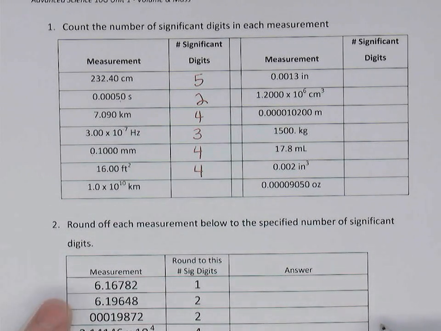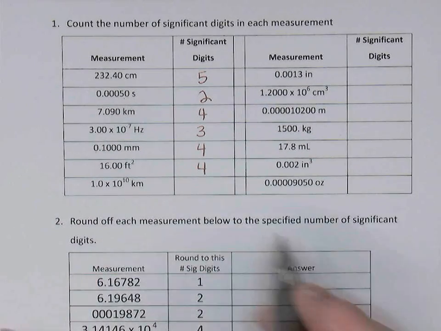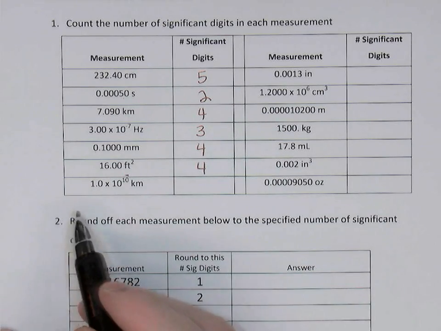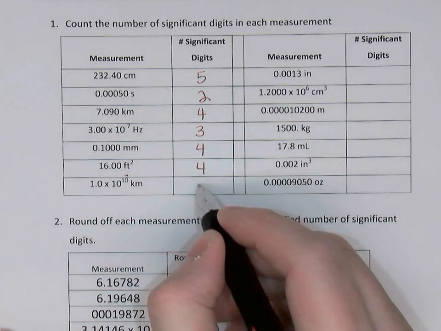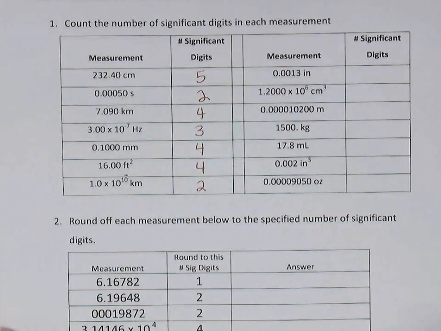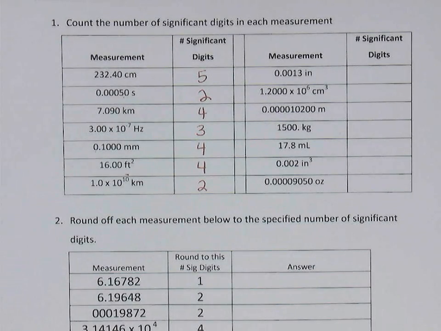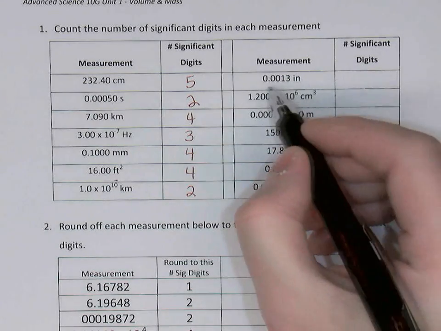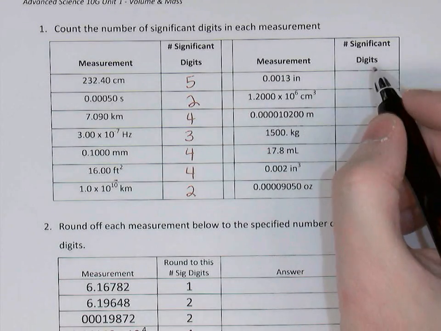1.0 times 10 to the 10. This is a scientific notation example. The times 10 to the 10 is not significant, but the 1.0, both of those digits are significant because the 0 is a trailing 0 after the decimal. 0.0013, none of the starting zeros will be significant.